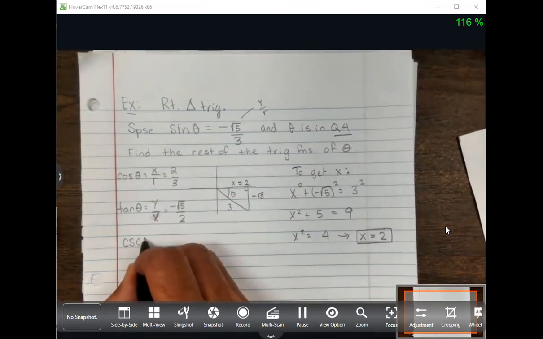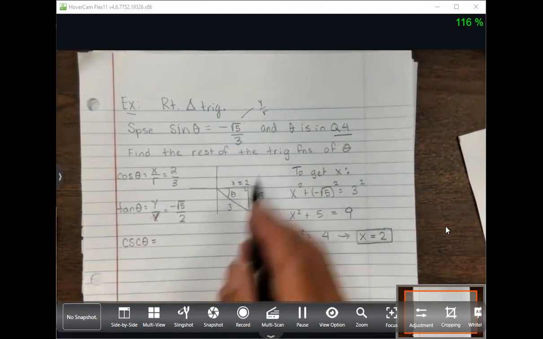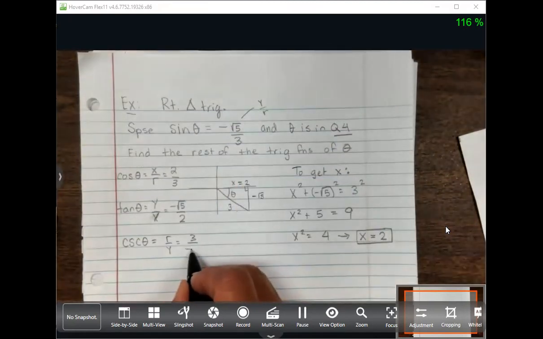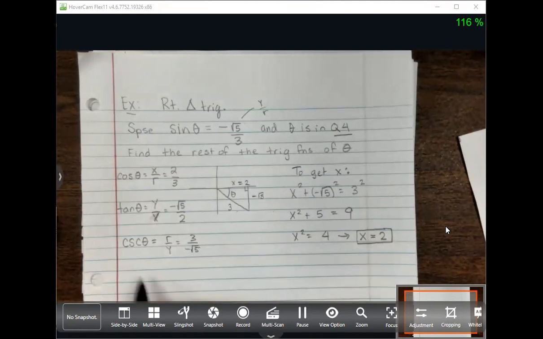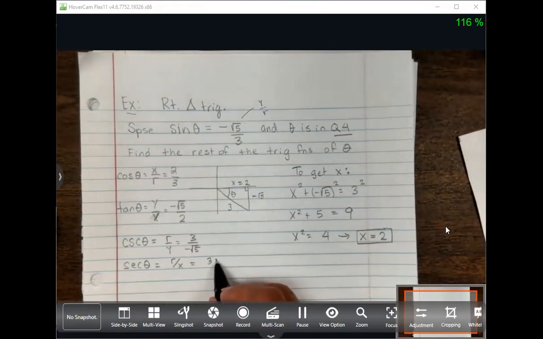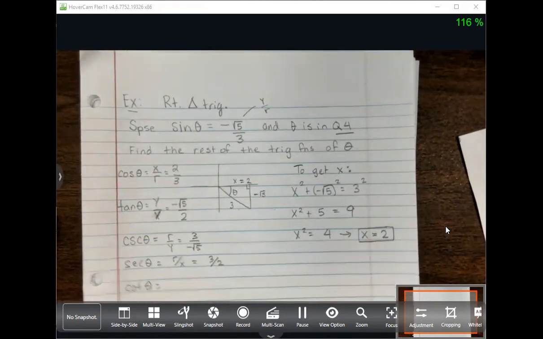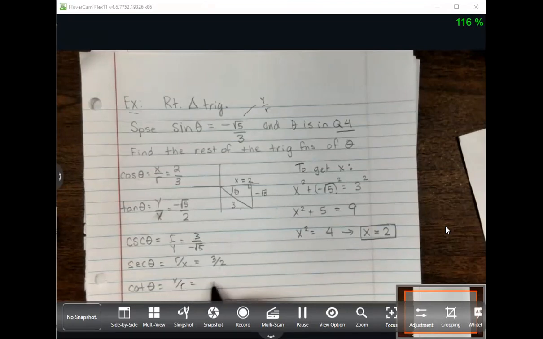The cosecant of angle theta is r over y, so I flip and get 3 over negative square root of 5. Secant of angle theta is r over x, or the flip of the cosine, so that's 3/2. And finally, the cotangent of angle theta is the flip of the tangent, so that's 2 over the negative square root of 5.